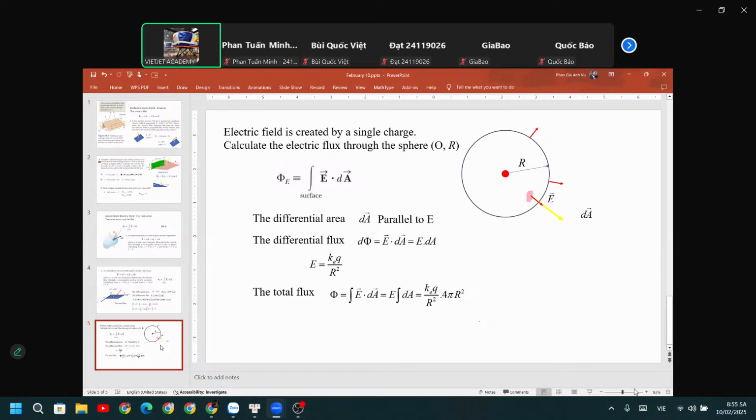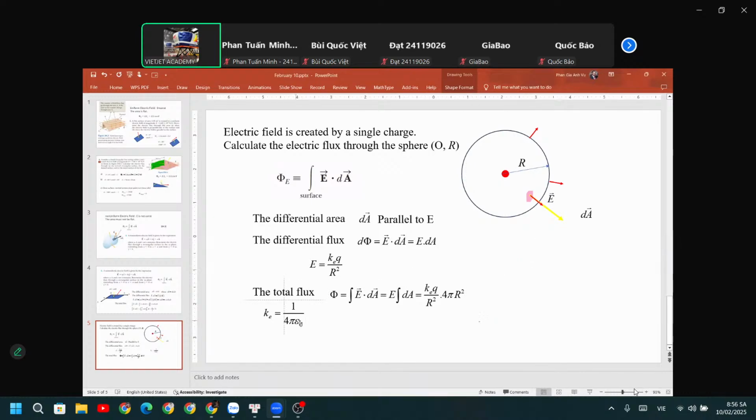If you remember, then the KE can be written as 1 over 4 pi epsilon 0, right? KE, another way to calculate KE. KE is 1 over 4 pi epsilon 0, right?